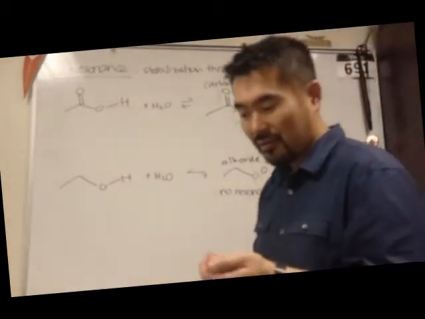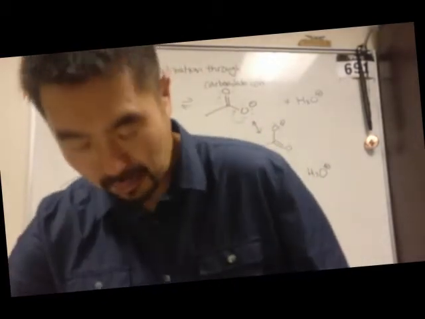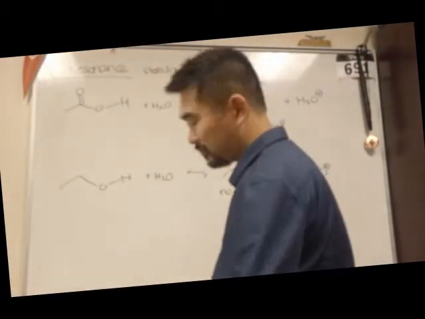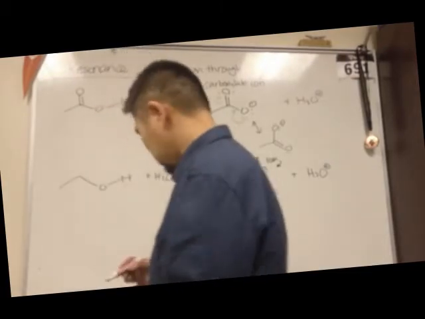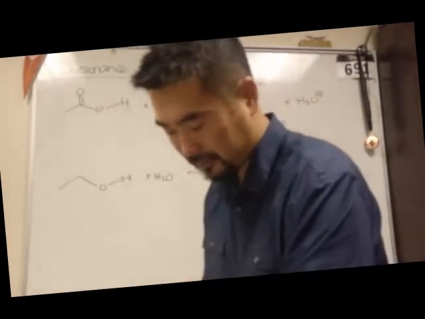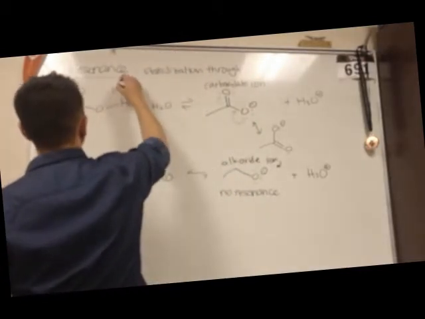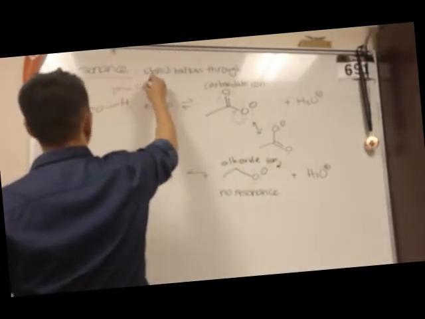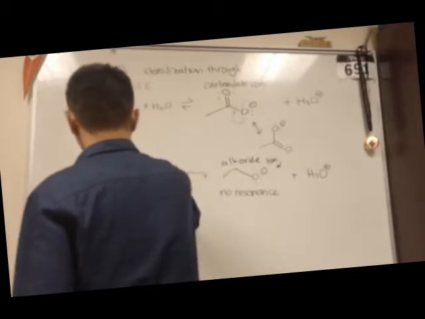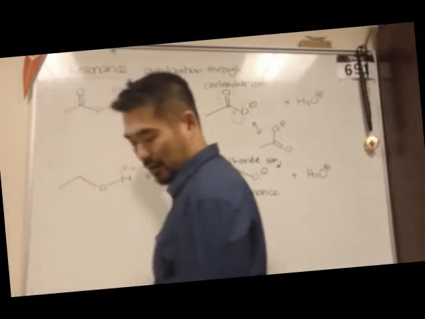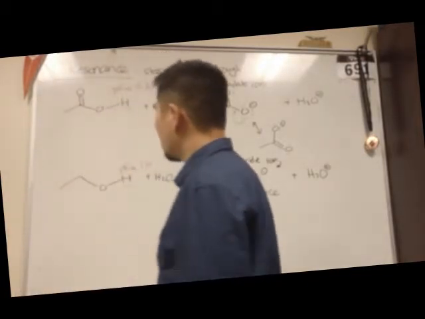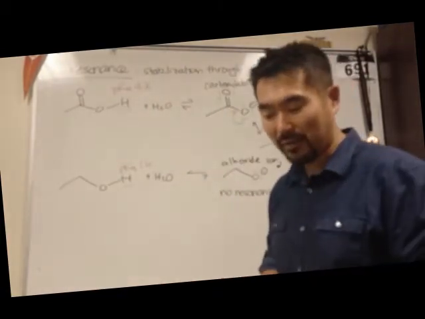What does that mean? Well, if you compare the pKa of the two, here's a pKa of 4.7. This is a pKa of around 16. And you might have just remembered that anyway.